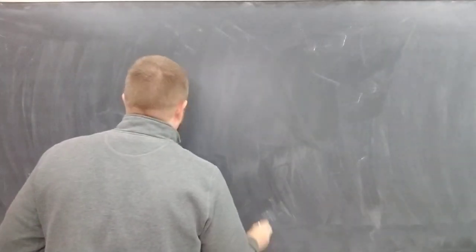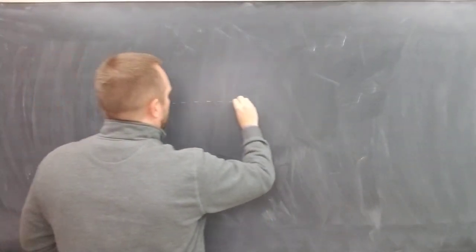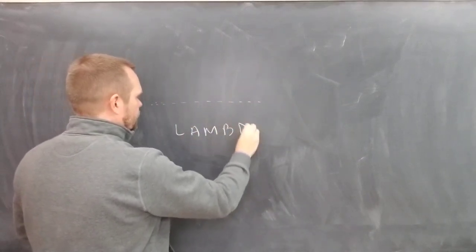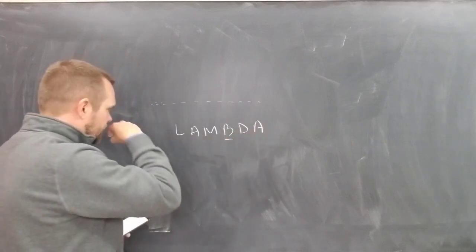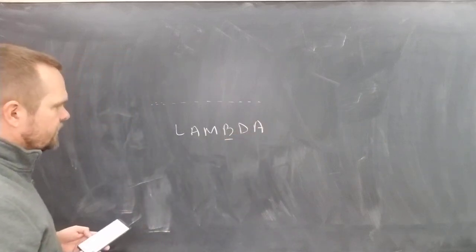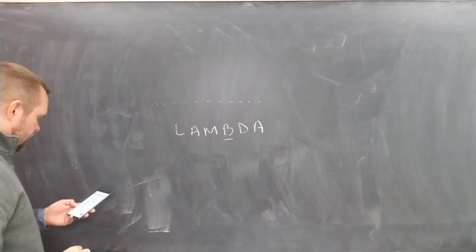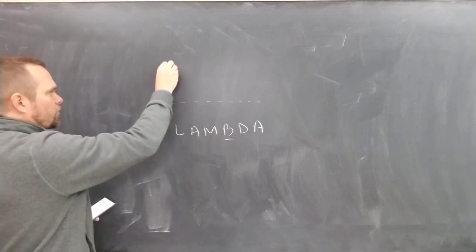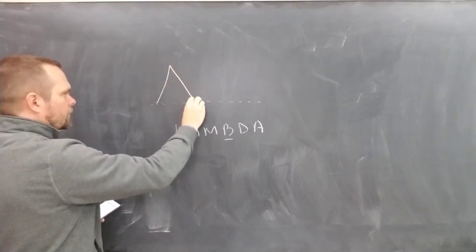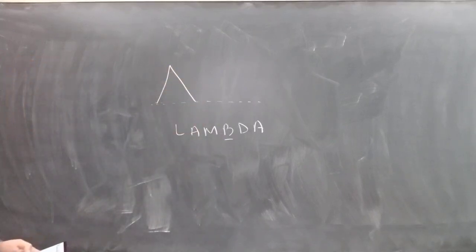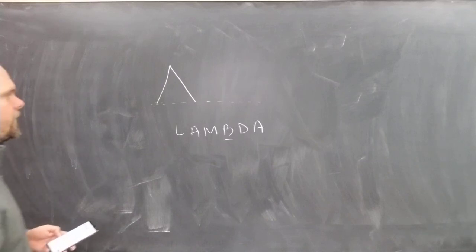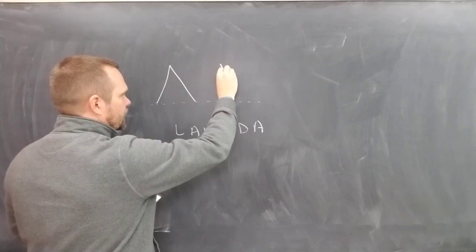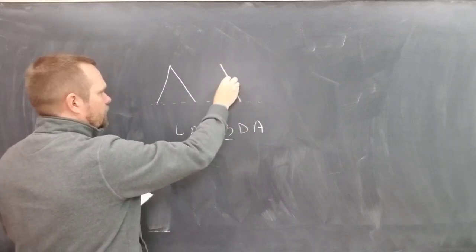Next we have lambda. Make sure when you spell it, you don't forget this B. It's lambda, lambda. The uppercase form looks like a delta with no base. Like a triangle with no base. That's the uppercase lambda. And a simple way of writing the lowercase lambda is a diagonal line like that with a kickstand.